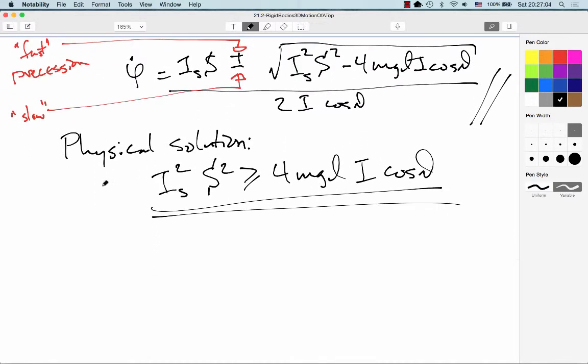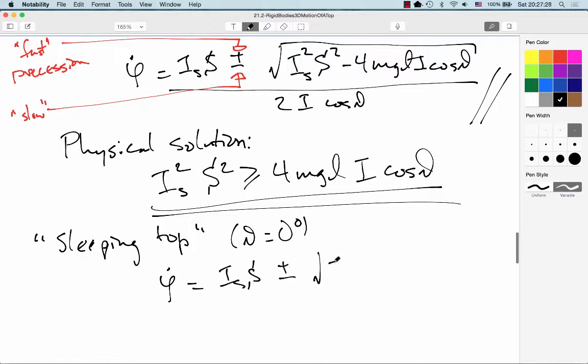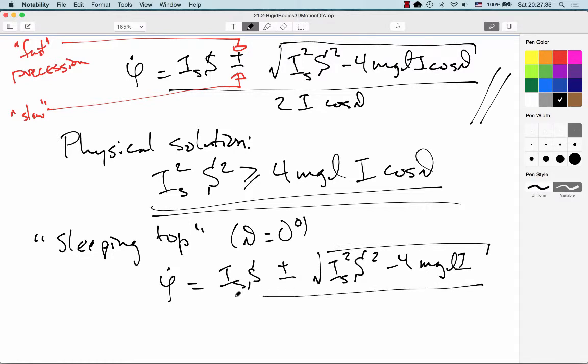So we can go look at a sleeping top. That's one for which theta is equal to 0 degrees. So in that case, we put in 0 for the cosine, we just get 1, right? So you get that phi dot is equal to I_S S plus or minus root I_S S squared minus 4 mgl I, all over, now it's just 2I.